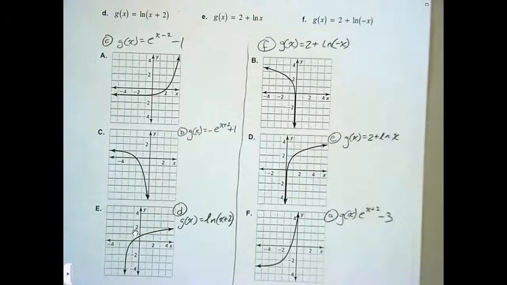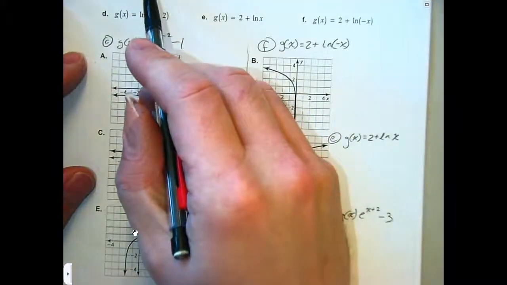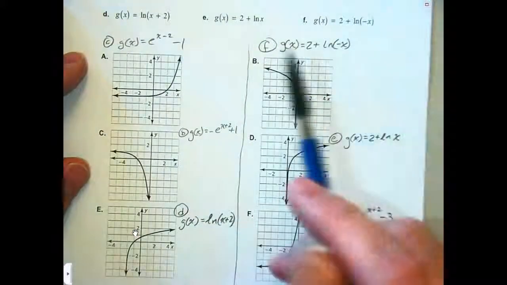What process did you use to match them up? Aaron? Without using the calculator, what process did we use? On A? Can you describe that again?